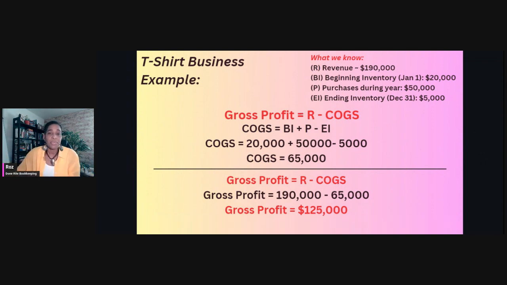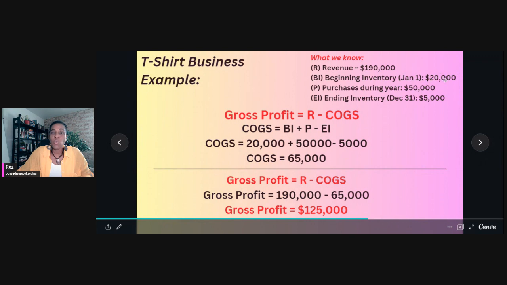The revenue is $190,000. And I have abbreviations just to keep things simple. So R is revenue. BI is beginning inventory. These are just abbreviations that I put in here just to make things easier to read. Beginning inventory, as of January 1, is $20,000 worth of inventory.